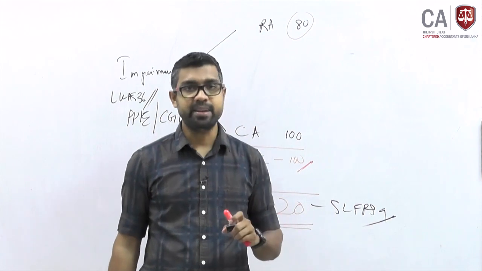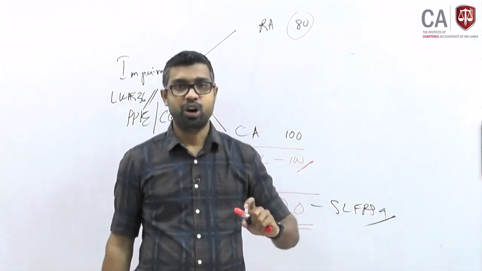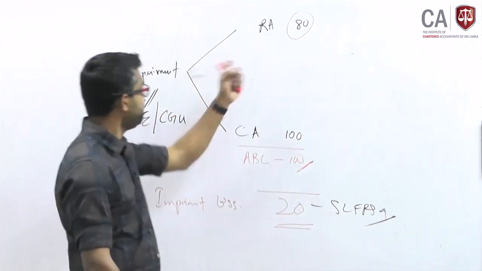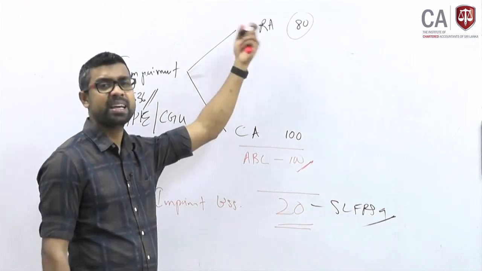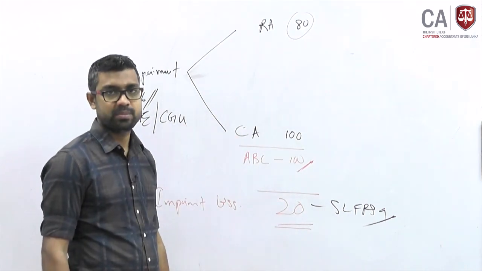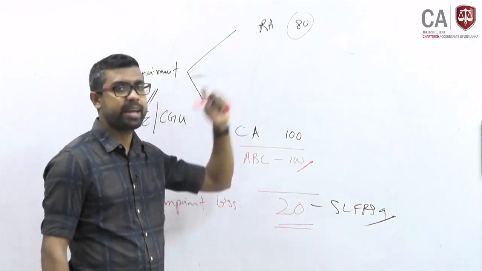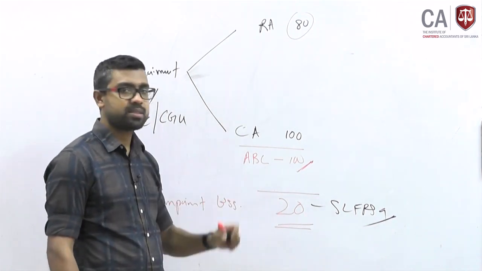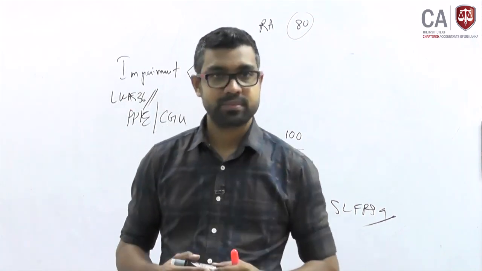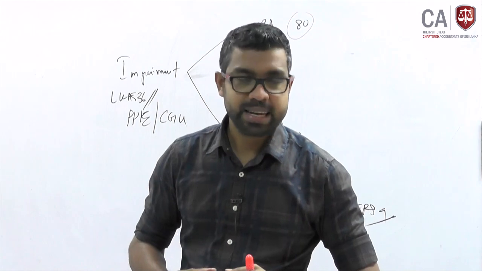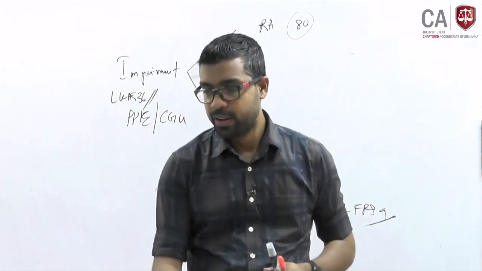In both standards, they talk about impairment. Recoverable amount means realizable value. You have 100 outstanding, but you can recover only 80 rupees. The balance you identify as impairment loss. Simple. Is it a difficult thing? No, very simple.